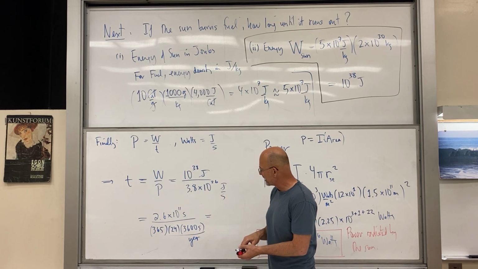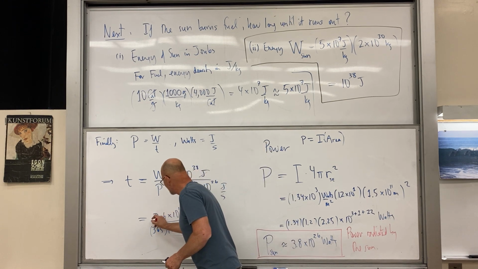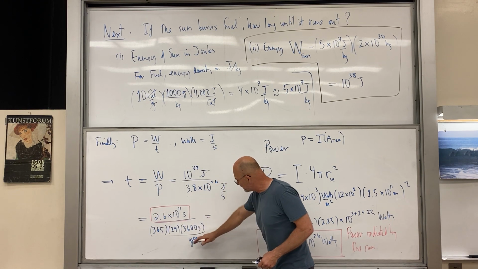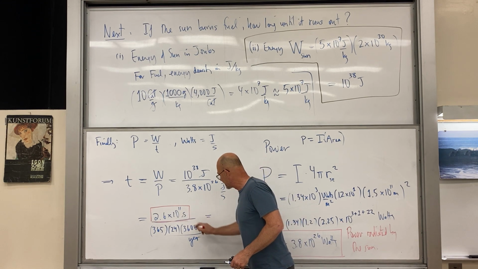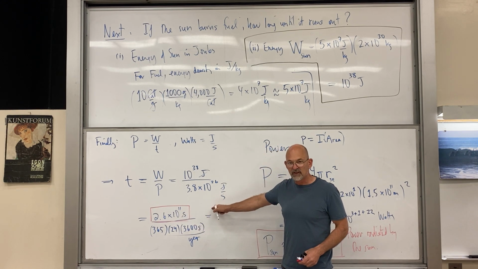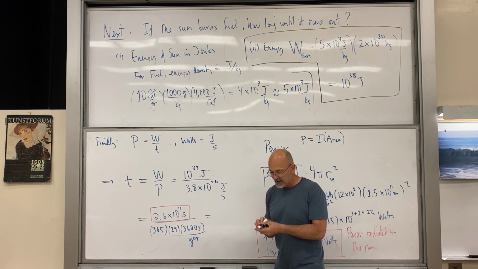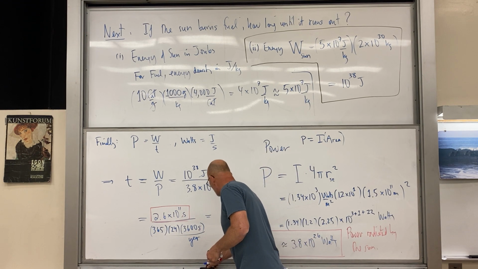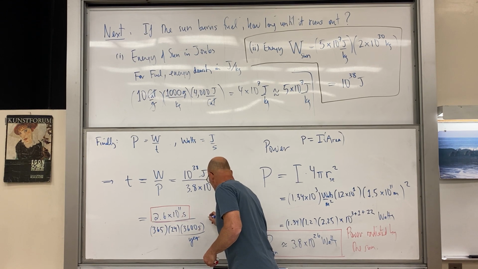So we can hold this number in terms of seconds. If we do this division here, seconds cancel, the year comes up into the numerator, and I'm getting something like 8,200. I'll write approximately 8,200 years.